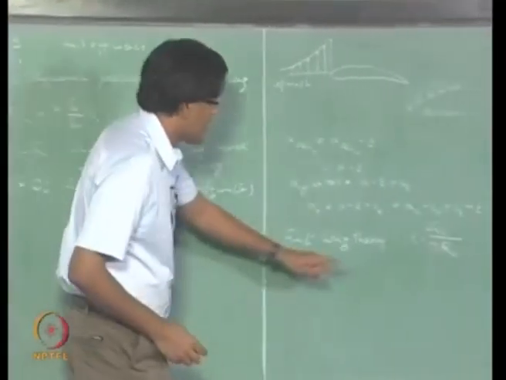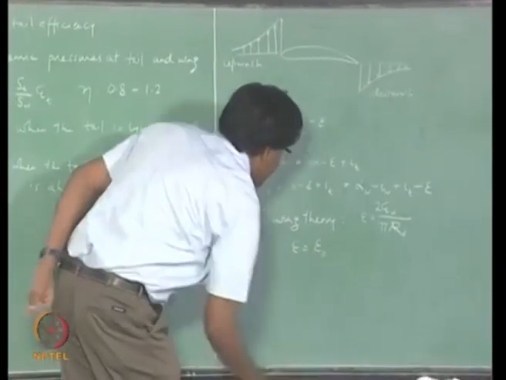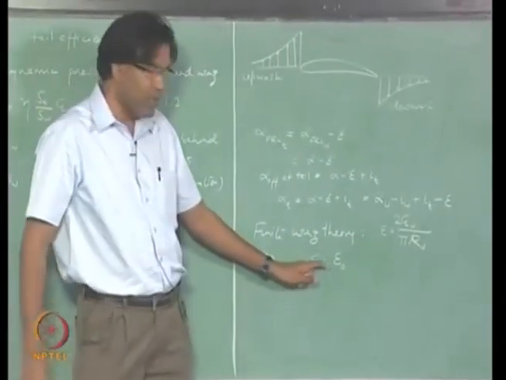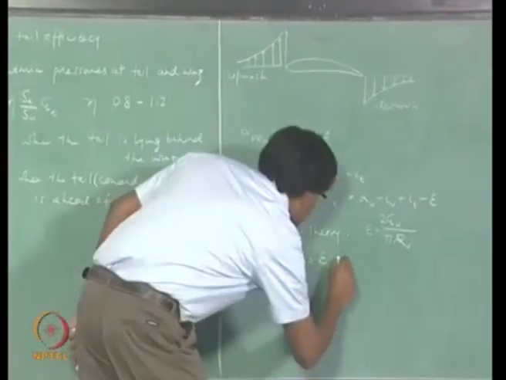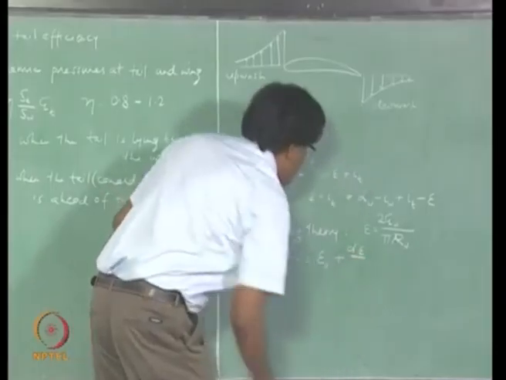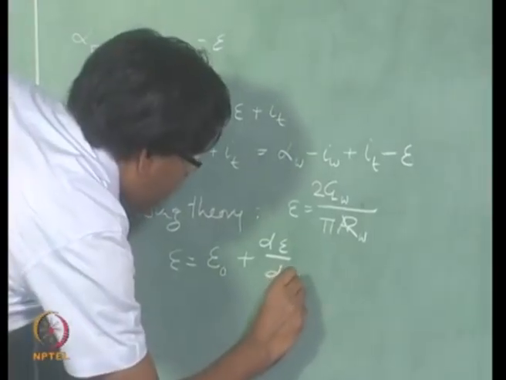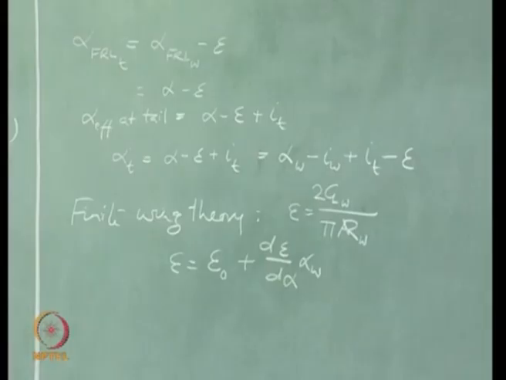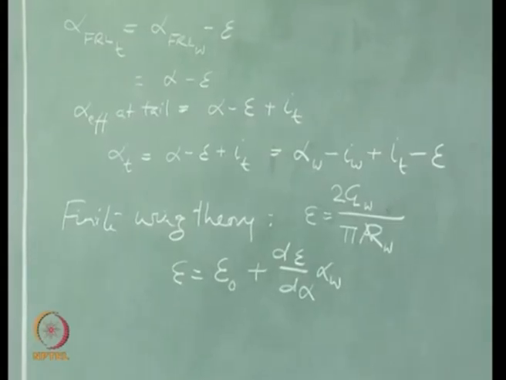This epsilon is also a function of angle of attack. So you can write this as epsilon equal to epsilon naught at 0 angle of attack of the wing, plus, and you can further expand this.